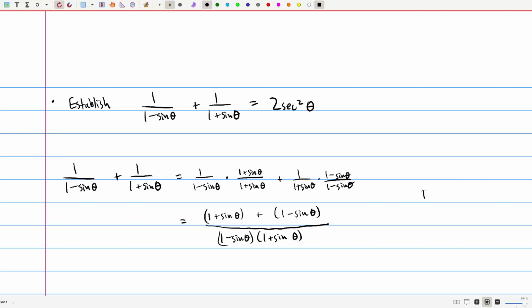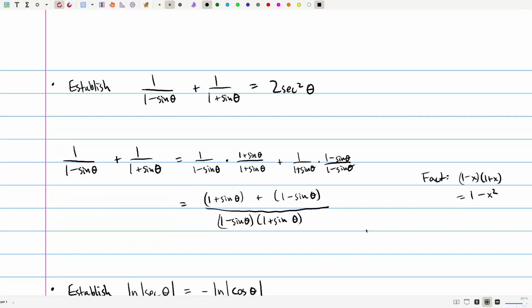So here's a fact that is good to remember. Fact: if you have 1 minus x times 1 plus x, this is 1 minus x squared. So let's apply that with x as sine. In the numerator, we've got 2, and the sines cancel out. In the denominator, we have 1 minus sine squared theta.